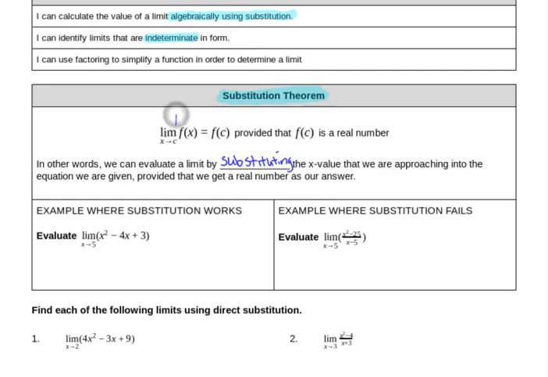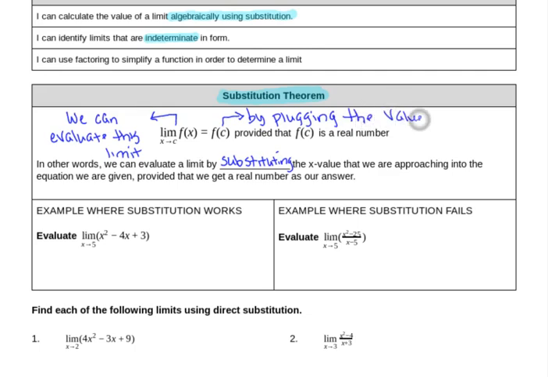All we're talking about is if we want to find this limit, the limit of f of x as x approaches c, we can evaluate that by plugging the value of c into our function.